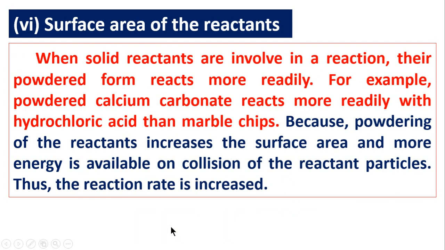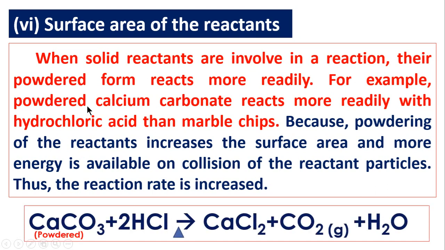The sixth one, surface area of a reactant. For example, calcium carbonate, CaCO3. It is available in powdered form and also as marble chips. Here, the powdered form means larger surface area and it speeds up the chemical reaction when compared to the marble chips. When solid reactants are involved in a reaction, their powdered form reacts more rapidly.